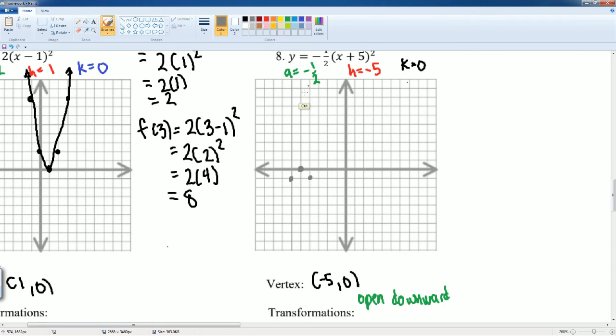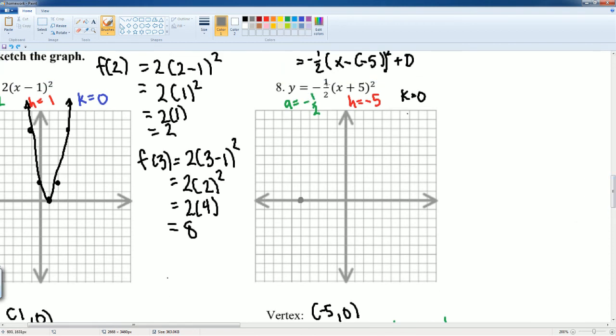But no, there is a stretch. Let's see it. The next point here is 1, 2, -1, -2, -3, -4. So this is -4.